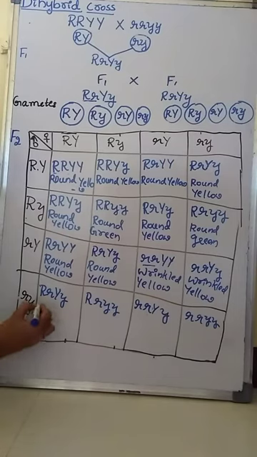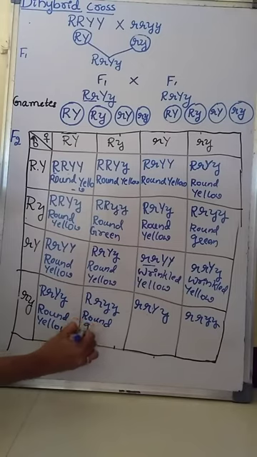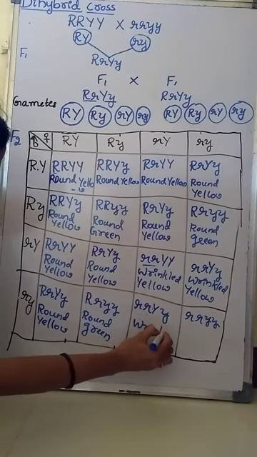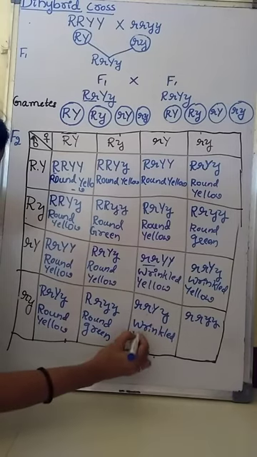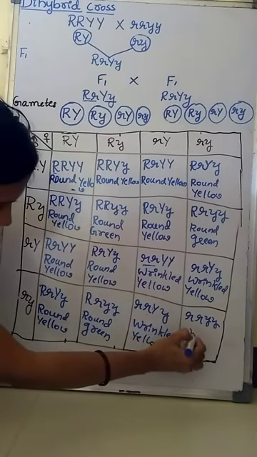Then here round yellow. Here round green because both are recessive alleles. Here it is wrinkled yellow. Wrinkled yellow, and here it is wrinkled green.